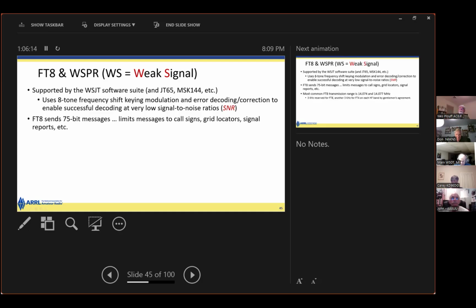FT8 packets are 75-bit messages that are limited to call signs, grid locators, signal reports, and things like acknowledgments. Now, the thing about FT8 you have to know is that every conversation says the same thing.